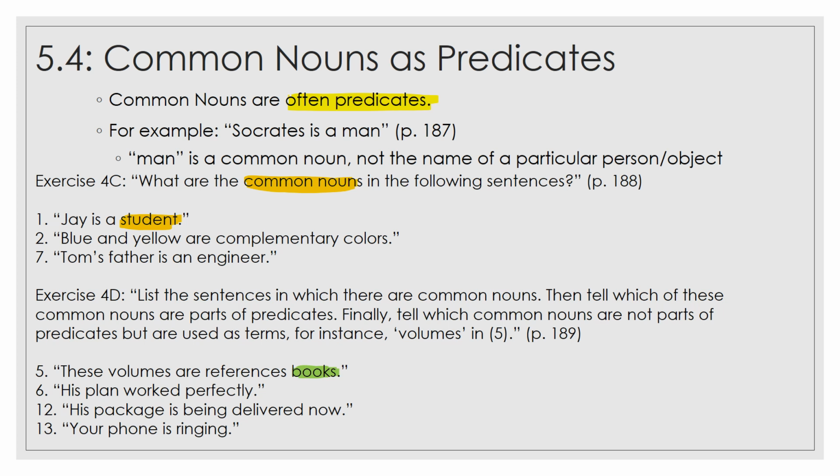Here, colors is the common noun, and those colors happen to be, in particular, blue and yellow. Number 7 is Tom's father is an engineer. Here we have two common nouns. One of them is father, and the other one is engineer. Father is not a predicate here, it's part of the subject. Tom's father is the subject, and of course engineer is the predicate.